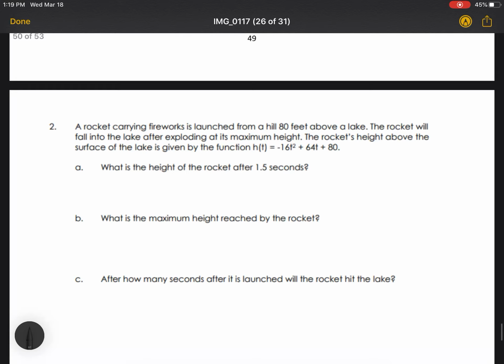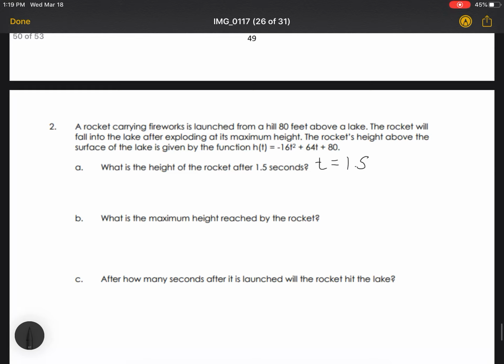All right, number 2, a rocket carrying fireworks is launched from a hill 80 feet above the lake. The rocket will fall into the lake after exploding at its maximum height. The rocket's height above the surface of the lake will be given by the function negative 16t squared plus 64t plus 80. What's the height of the rocket after 1.5 seconds?